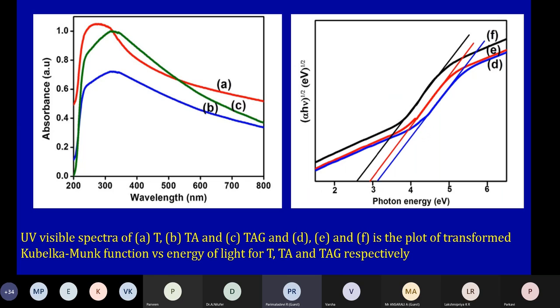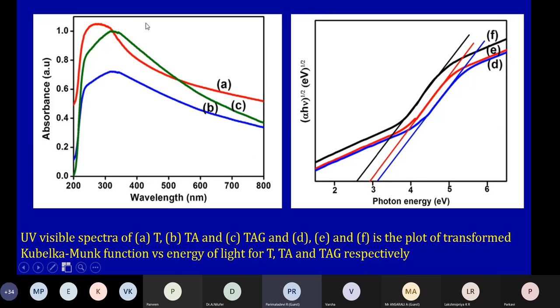So next is the UV spectrum of that. It shows this is titanium oxide, with a peak here. When you add silver, this peak shifts to a red shift, and this is Ag with titanium oxide. Again we add graphene oxide here and we check that.